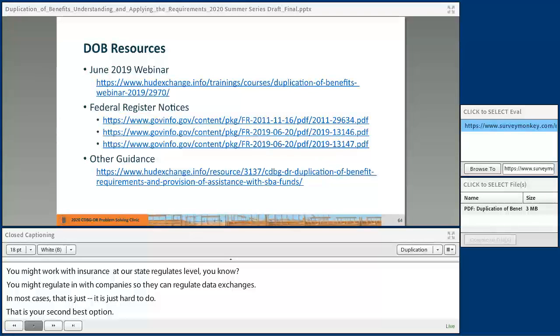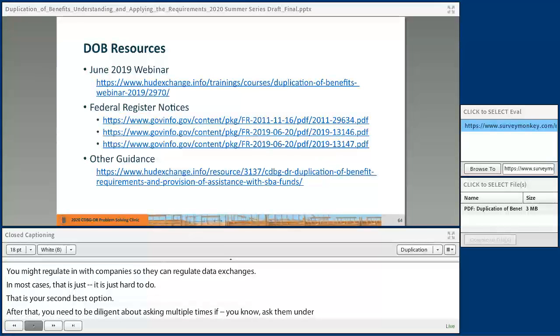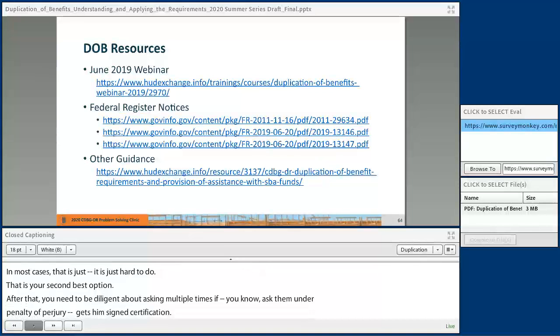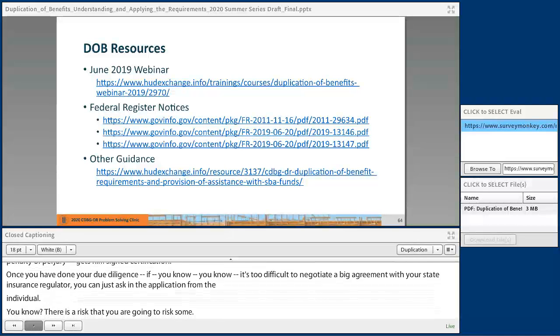Once you've done your due diligence, if it's too difficult to negotiate a big agreement with your state insurance regulator, then you can just ask in the application from the individual. And there is a risk that you're going to miss some, but hopefully people will see that very scary fraud alert and warning you're going to put there, and they are going to respond truthfully.